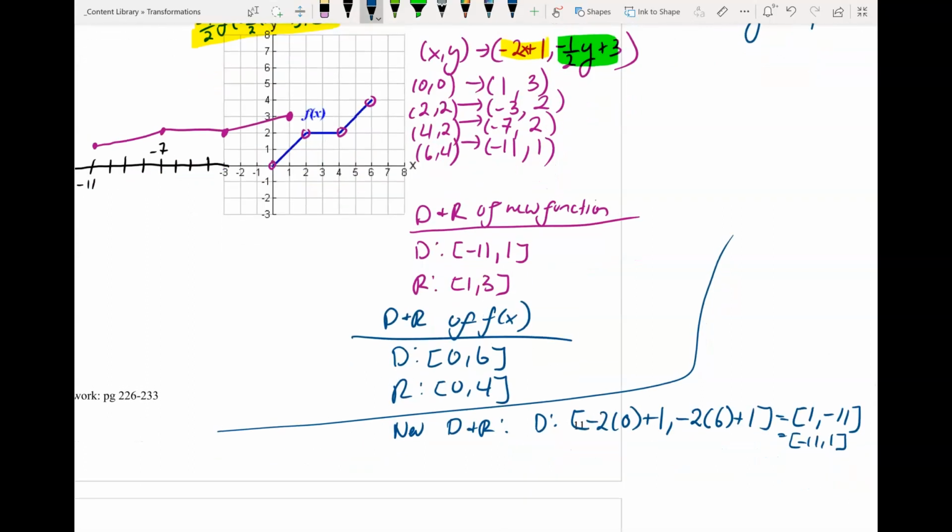If you want to find your range, same sort of thing, but for a range we're using this -1/2 y plus 3. And our y for our most bottom range is 0, our most top range, we're going to use 4.